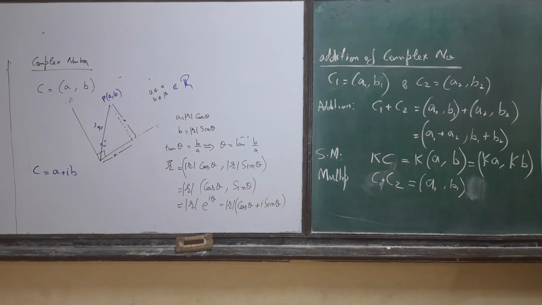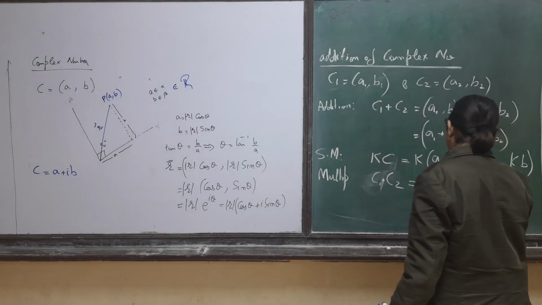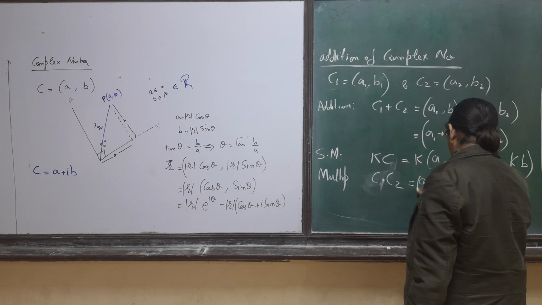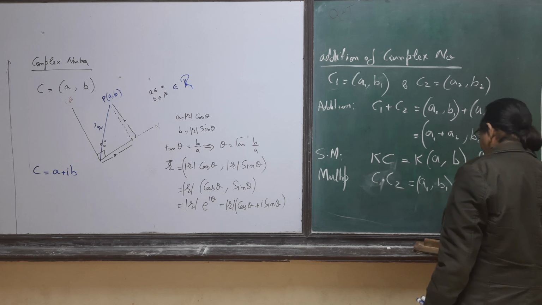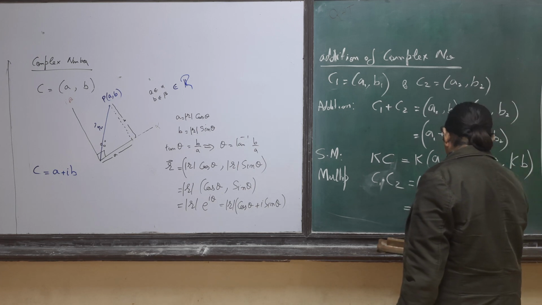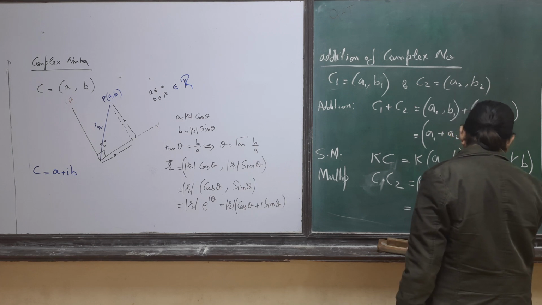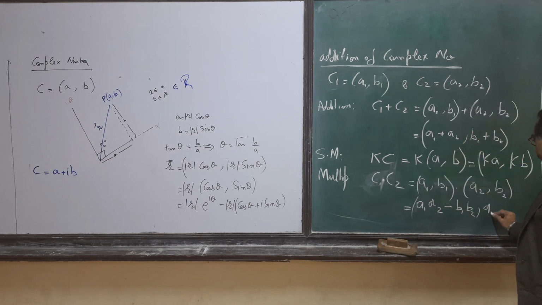How will it be multiplied? A1 B1 times A2 B2 will be A1 A2 minus B1 B2, comma, A1 B2 plus B1 A2.